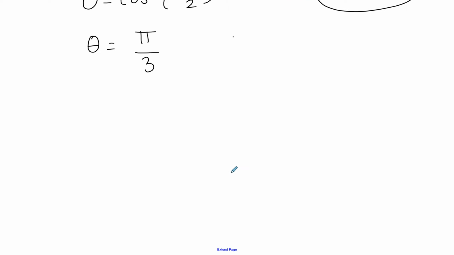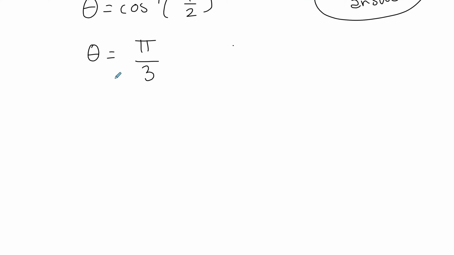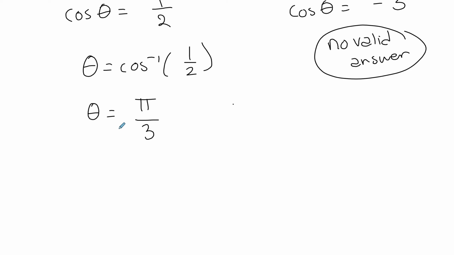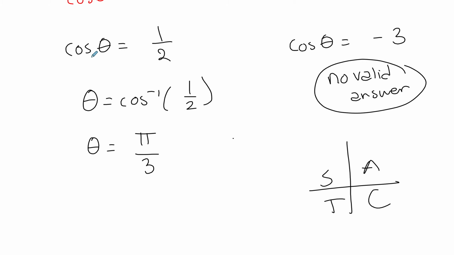So this is one of the exact ratios that you should know. But we're from 0 to 2 pi. So when I have this quadrant, my cos theta, remember this is where you go always, this is positive.